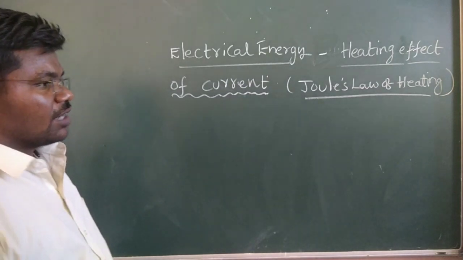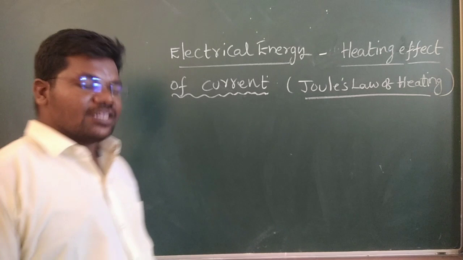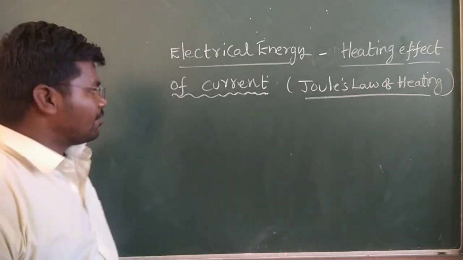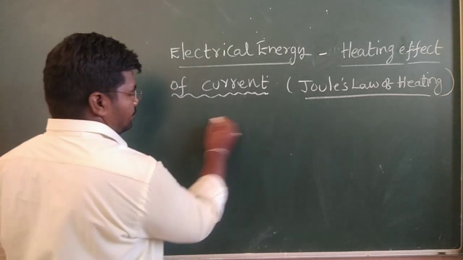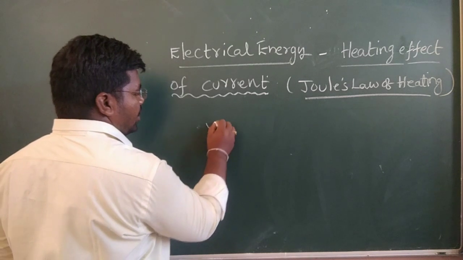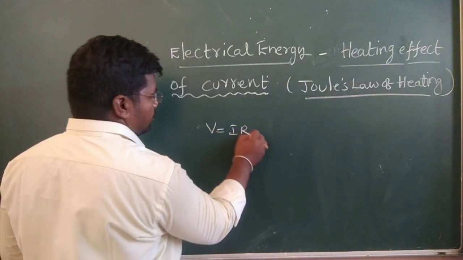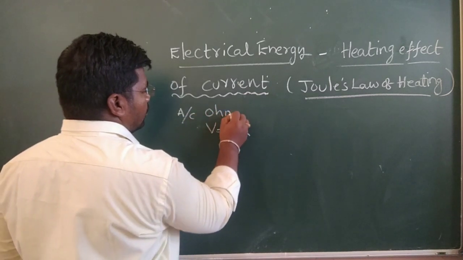So the total work done; we have to find the total work done in the form of energy. From Ohm's law, V is equal to IR.